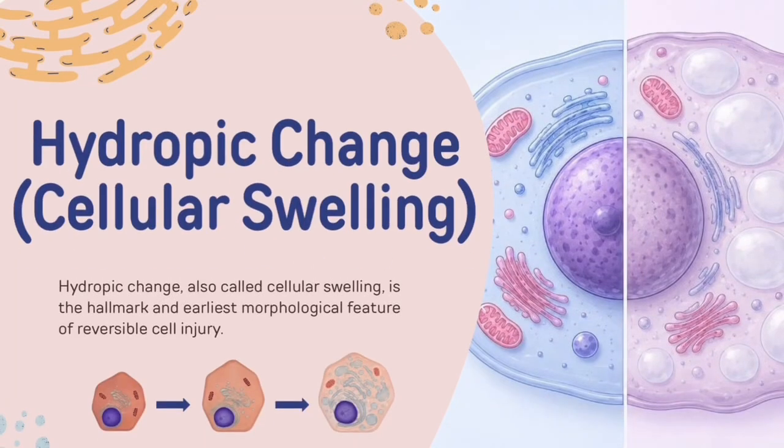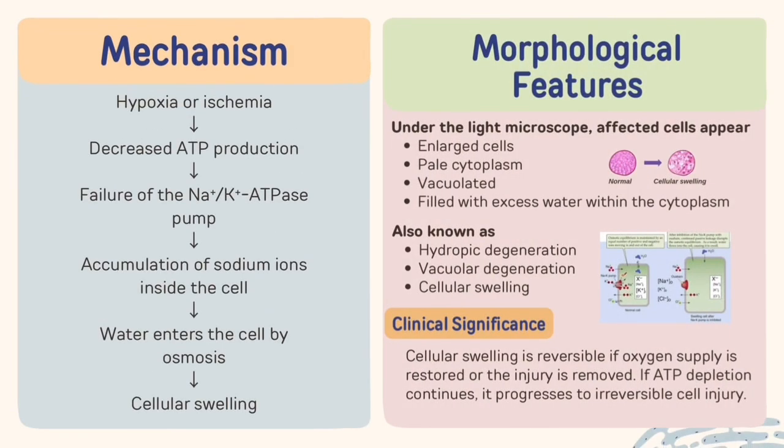Next is hydropic change, also known as cellular swelling. Hydropic change is the earliest morphological change of reversible cell injury. It can return to normal if the cell receives enough oxygen again or if the cause of injury is removed. The mechanism is simple. When the cell lacks oxygen, ATP production decreases.